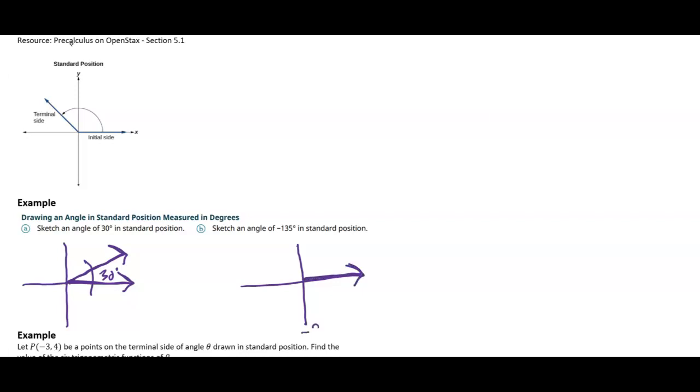And then I like to label, so this would be negative 90, this would be negative 180. And so 135 would be 45 degrees past 90. So draw it this way, like so.